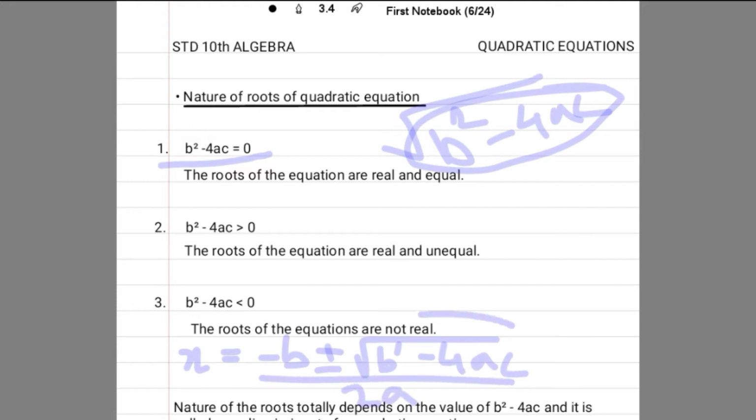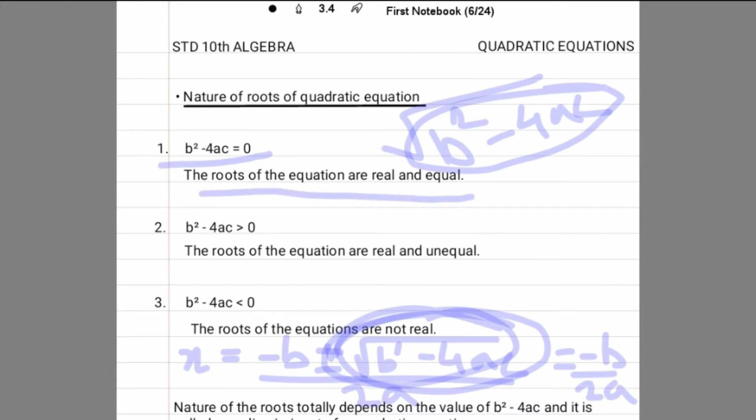If this term becomes 0, what will remain is minus b upon 2a. We will get both roots the same, whether it is plus or minus, so we get minus b upon 2a for both roots. Hence the roots of the equation are real and equal in the first case, that is, b square minus 4ac is equal to 0.